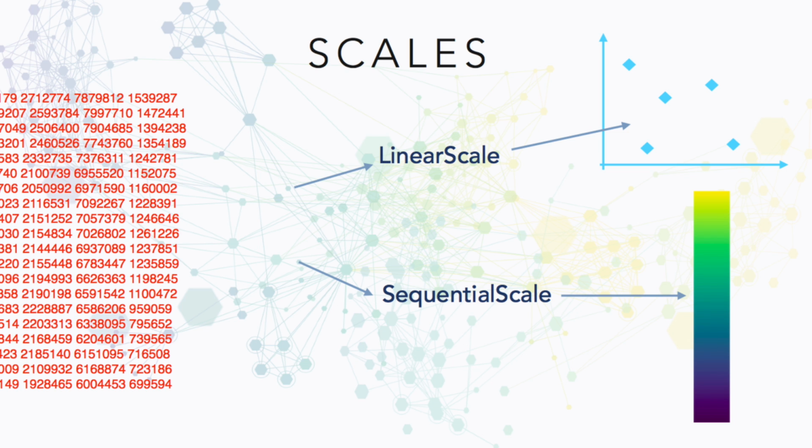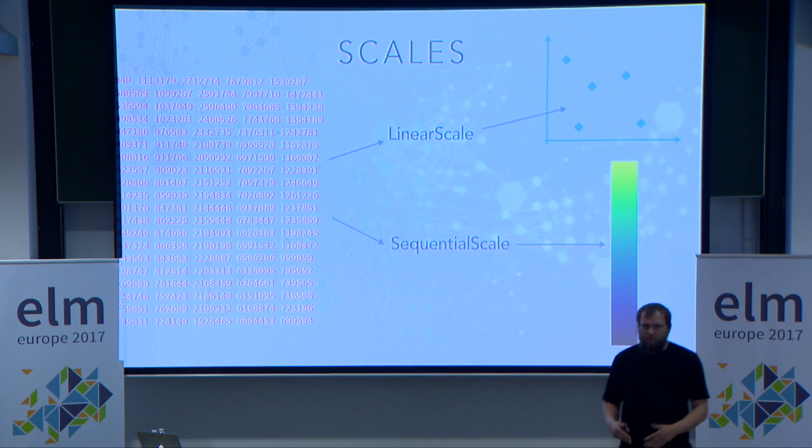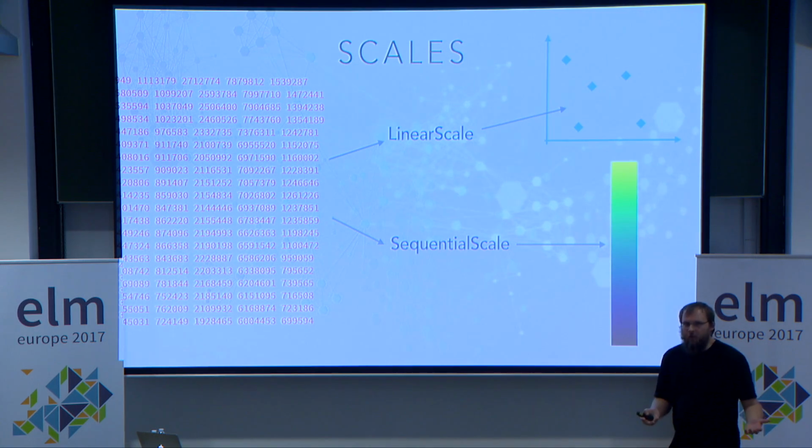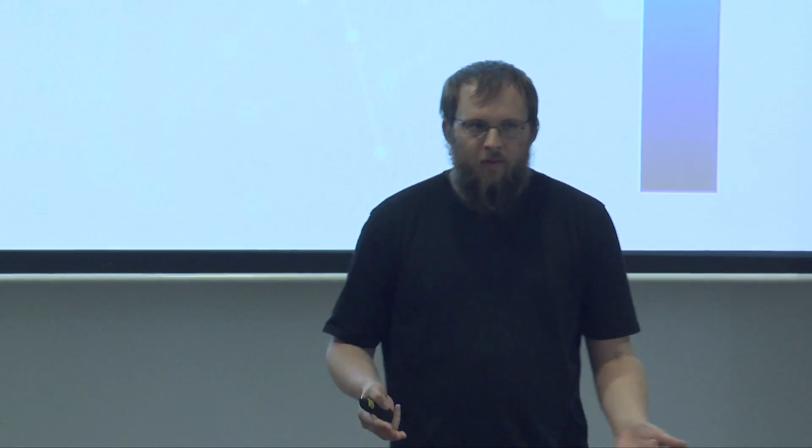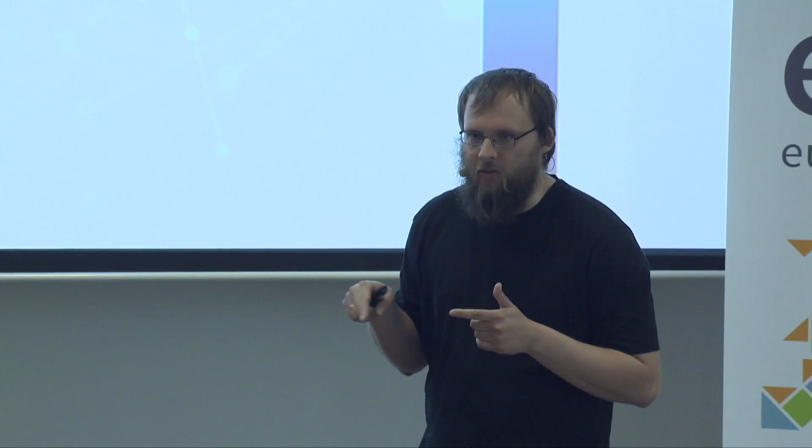One of them is the concept of scales. Scales are a way that you take some sort of data in whatever format it comes to you. In this case, we just have a large array of very large numbers, and we want to convert them in various ways. One thing you often want to do is convert them to points on a 2-dimensional surface, because that's the screen you tend to be rendering on. For that, you often use what we call linear scales, which transform data into usually a more bounded set, which corresponds to the actual physical pixels of the screen.